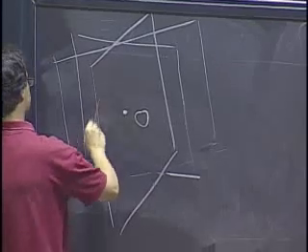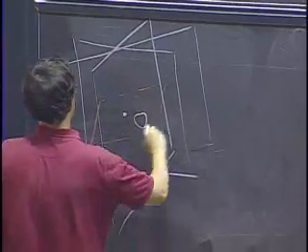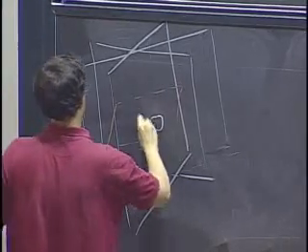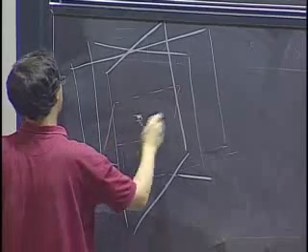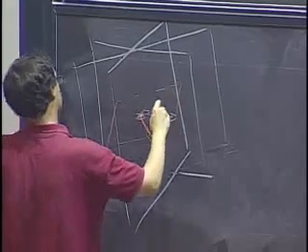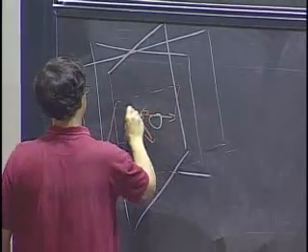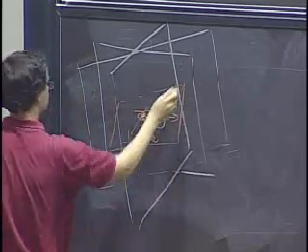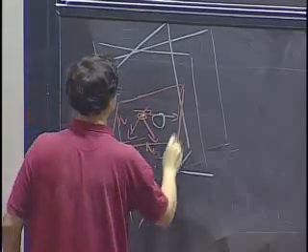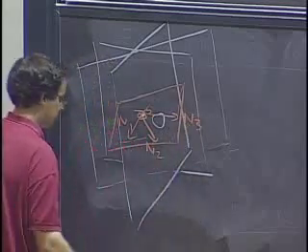Now, I said the normal vectors to my three planes, well, that's kind of hard to draw, but are all actually coplanar. So n1, n2, n3 determine a plane.